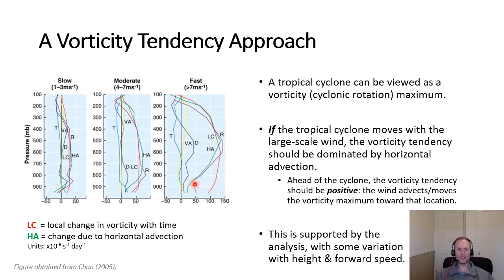And we can see that this correspondence between the local change and horizontal advection lines is pretty good above the surface layer, above the boundary layer, until you get up toward the tropopause, with some variations in just how strong that vorticity tendency is, that scales with the actual wind speed steering the storm. So this gives us some clue that perhaps the tropospheric deep wind, or some portion thereof, excluding the near surface layer, the boundary layer, may be a good approximation for that wind that moves the tropical cyclone.